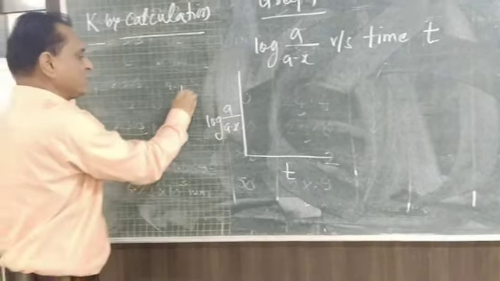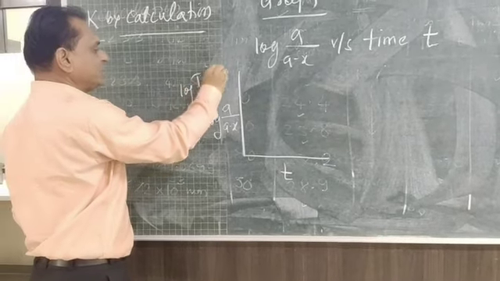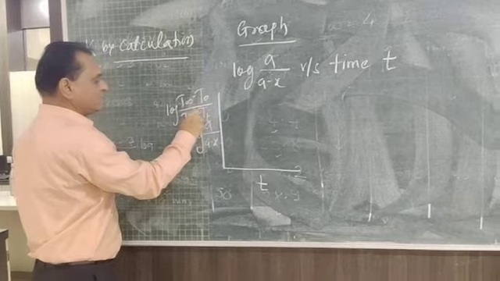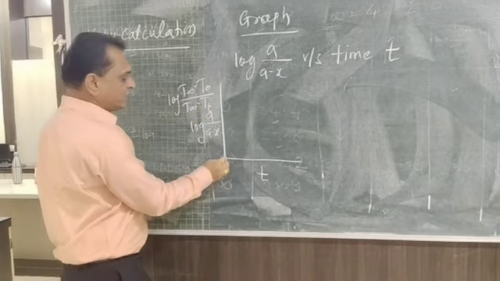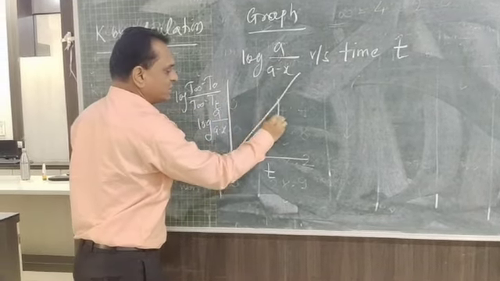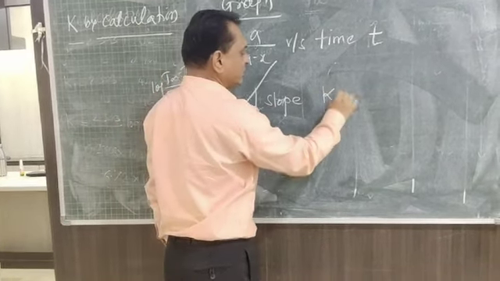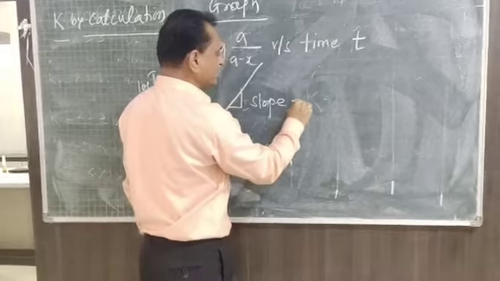Or it is log of T infinity minus T0 upon T infinity minus Tt. You can take any one of these. The graph is a straight line passing through the origin. It has a slope, and from the slope you can calculate the K value.